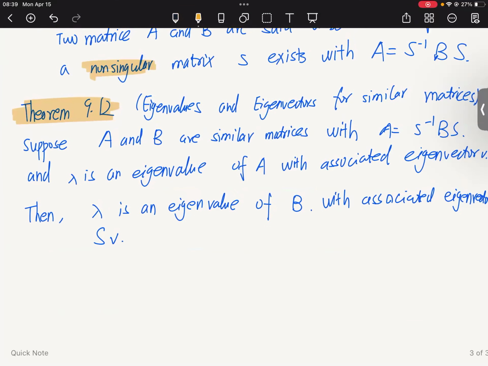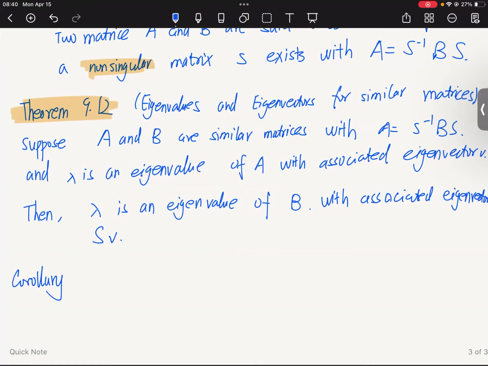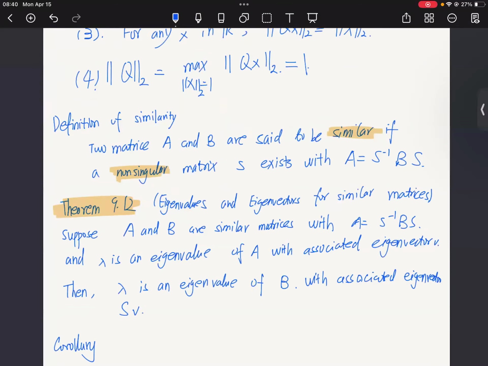Next, there's one more thing that's very nice. So far we haven't required S to have any specific property, but this corollary is about the case where the similarity matrix is an orthogonal matrix.